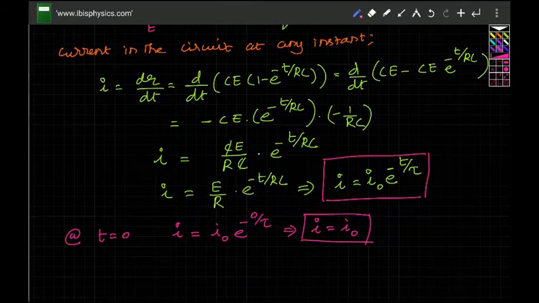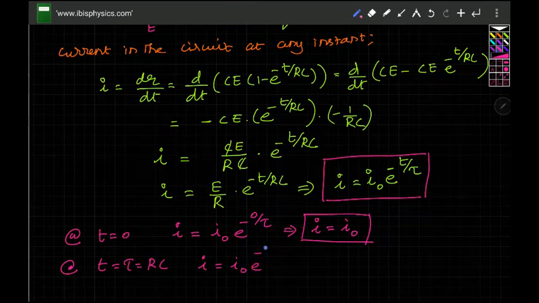Then what happens next? At t is equal to tau, that is after one time constant RC, I is equal to I naught e power minus t by tau, but t is equal to tau, so tau by tau is 1.